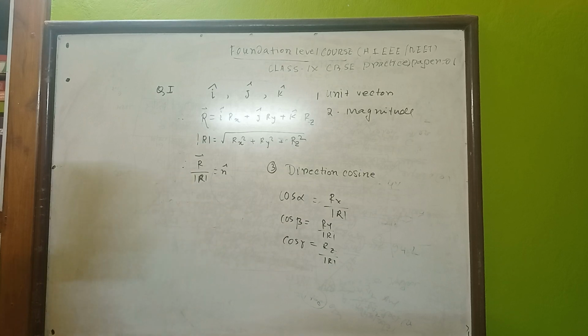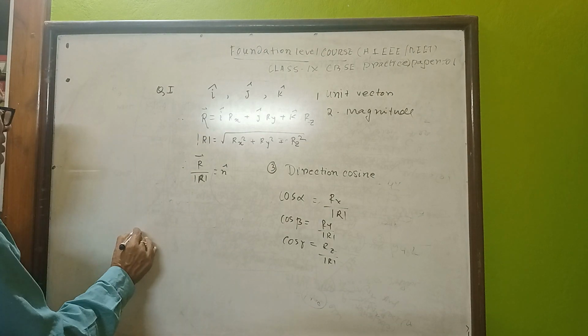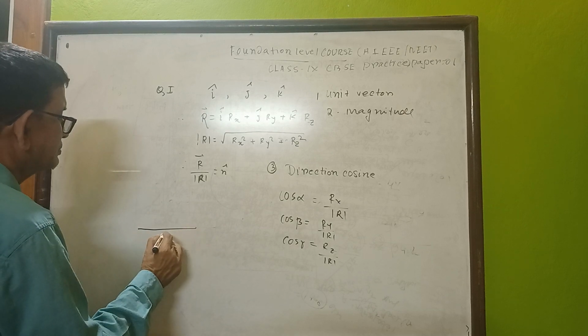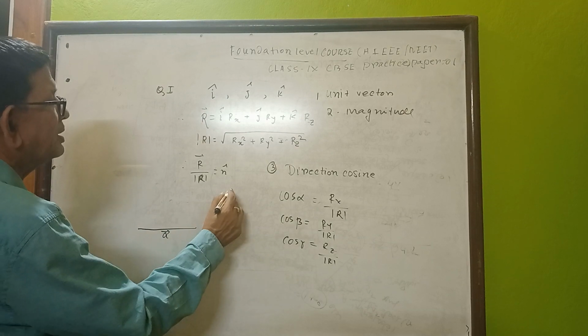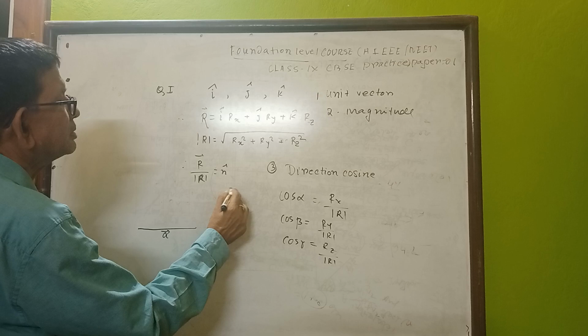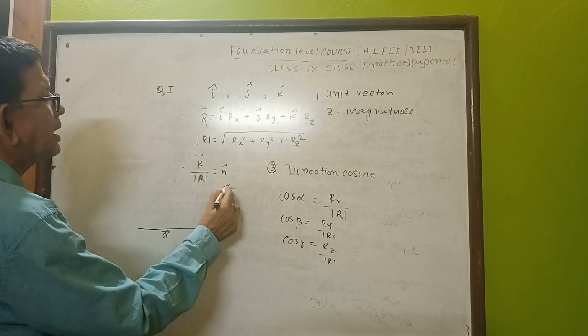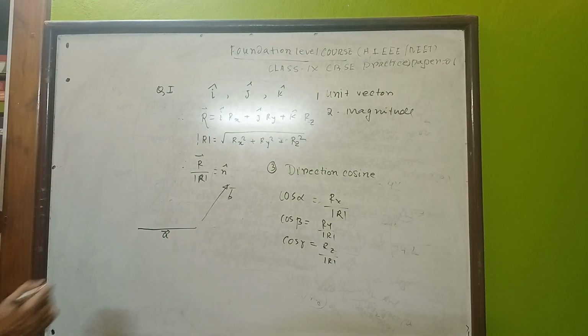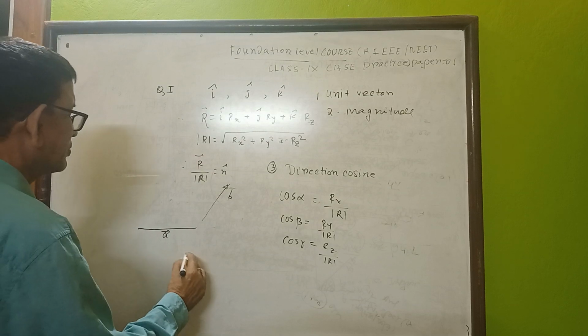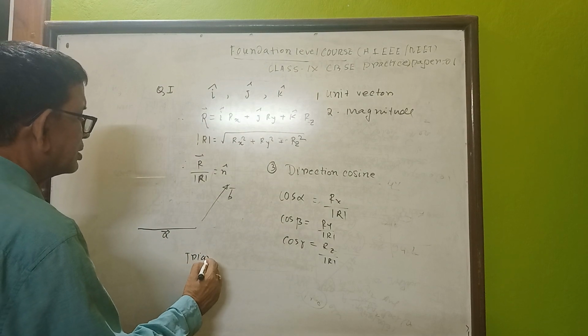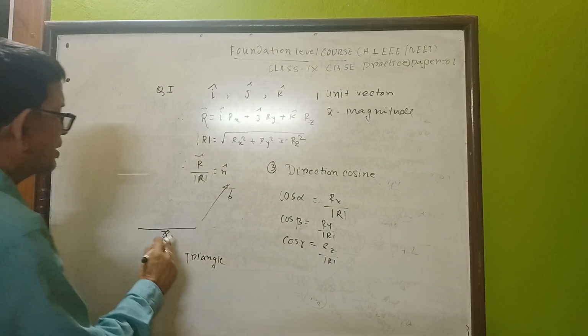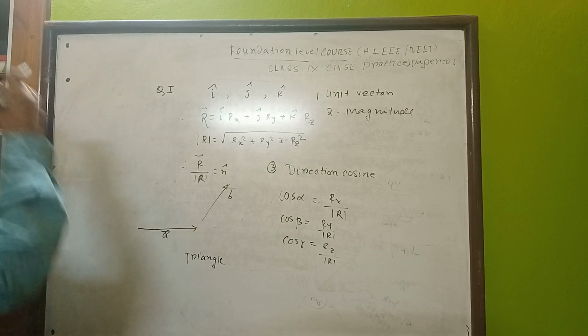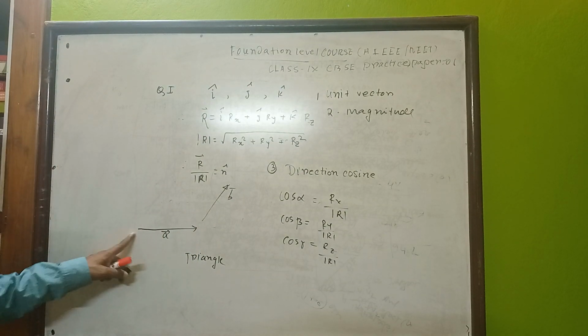Suppose there are two vectors, how can you add by triangle law? Suppose A is a vector and B is another vector. How can you add with the help of triangle law? Now the arrow gives you the head part of the vector, and this is the tail part.